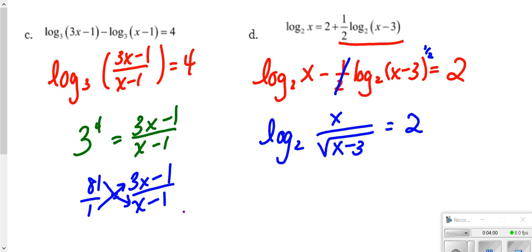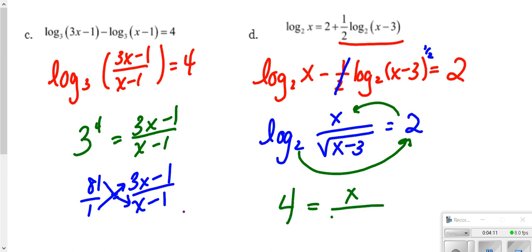Okay, now I just have a log on one side of the equation, so I'm going to switch this to exponential form. 2 to the 2nd equals that whole glob. So 2 to the 2nd is 4, and that equals this. I'm going to think of the 4 as 4 over 1. And then I'm going to cross multiply.